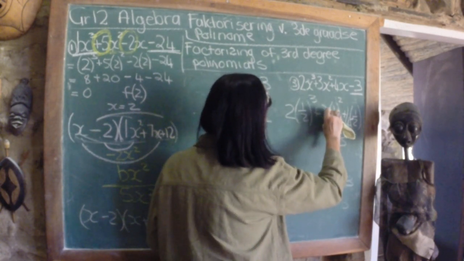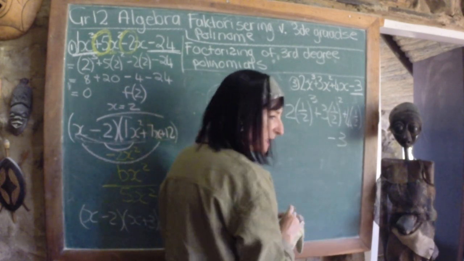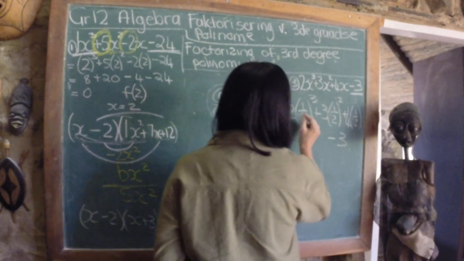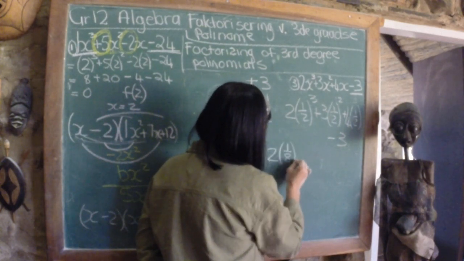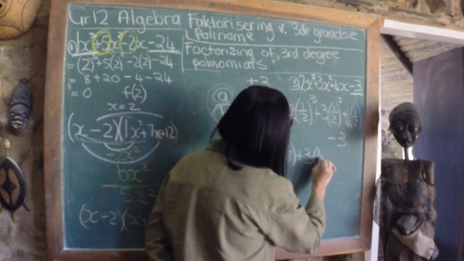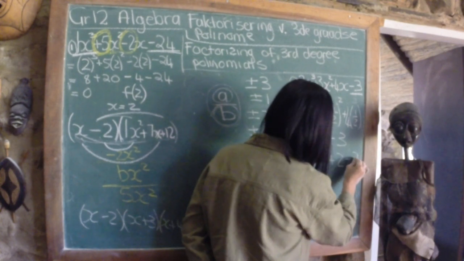Let's do a half again, just to make 100% sure. Let's redo a half. We have 2 times 1/8 plus 3 times a quarter plus 2 minus 3.